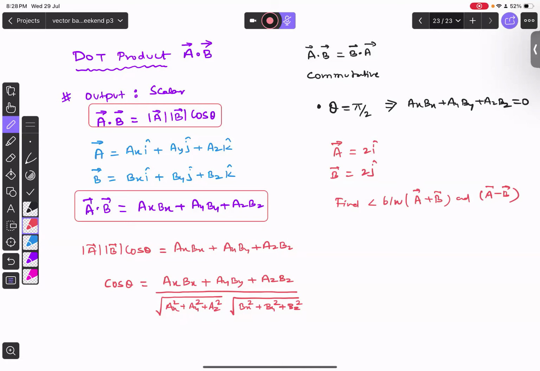Vectors A and B are of equal length, no? And at what angle are they from each other? 90 degrees. So if I construct a parallelogram out of them, that parallelogram will be a square.